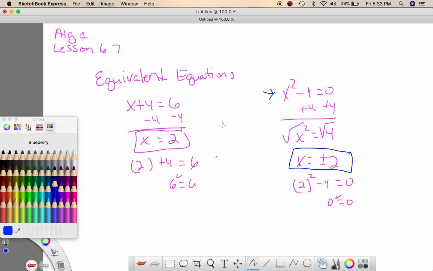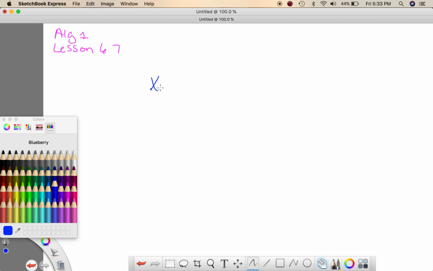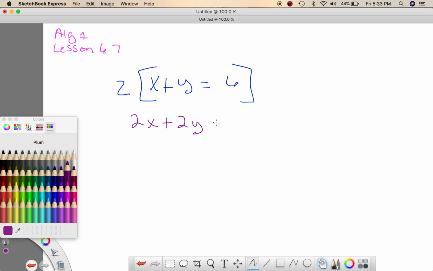So for instance, let's look at the equation x plus y equals 6. If we multiply every term, the entire equation, by 2, we're going to get 2x plus 2y equals 12. This equation is equivalent to the original equation because we multiplied everything by 2.